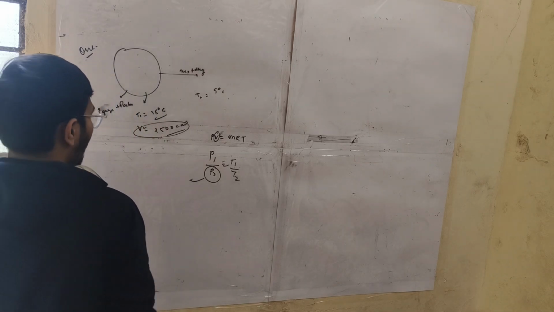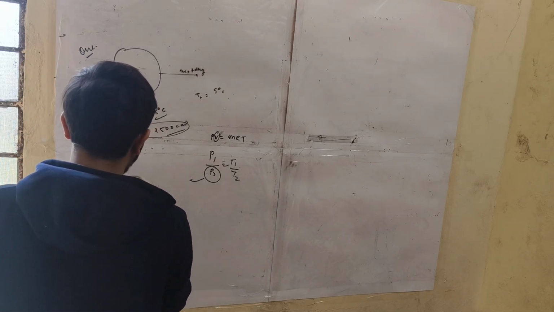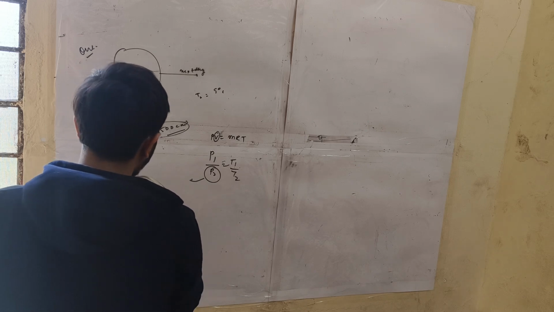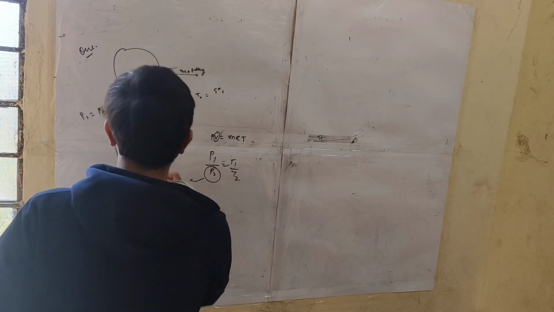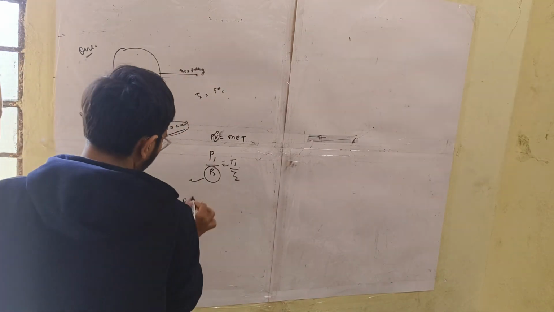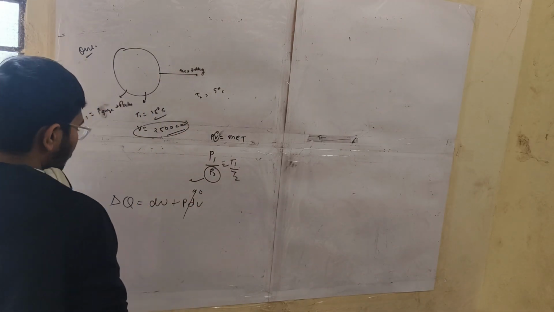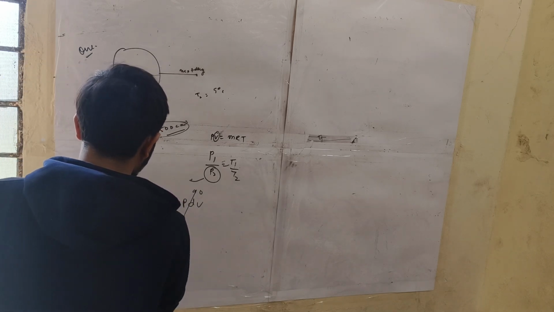Now we come to how you find the heat loss. Heat loss is delta Q. Delta Q is dU plus PdV, but this is a constant volume process, so there is no work done and that term is 0.